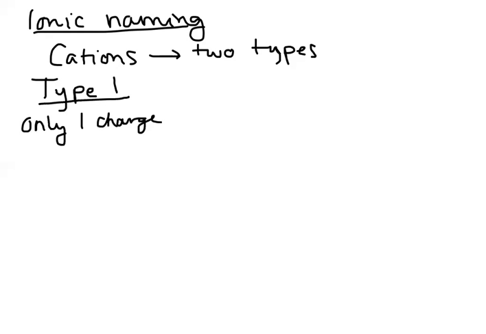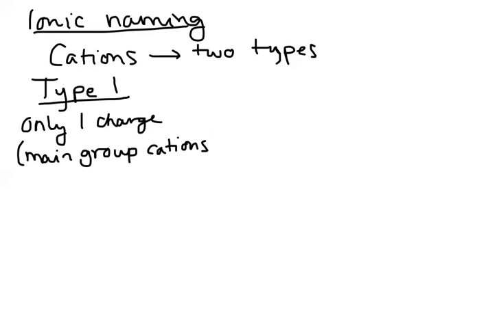And these are main group cations. Does everybody remember what the main group is? Yeah, so alkali, alkaline earth, and then that 3 plus row under boron. So main group is not transition metals. However, there are 2 transition metals that are type 1 cations that can only have 1 charge.